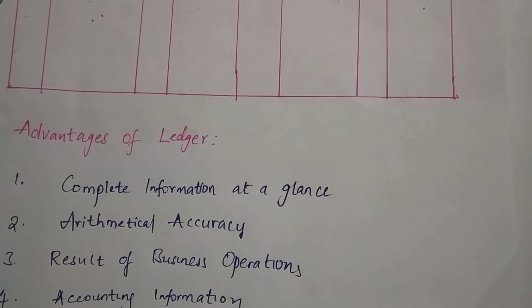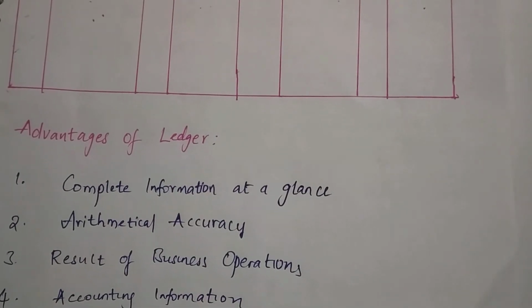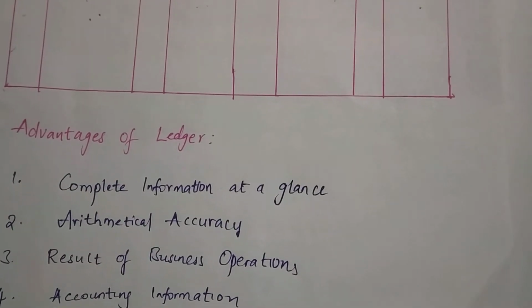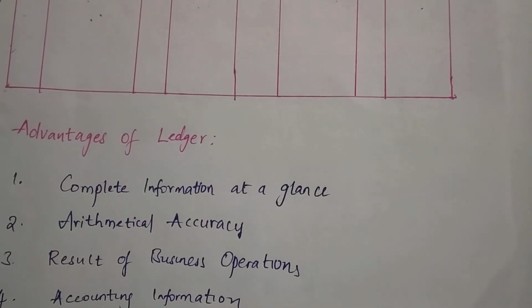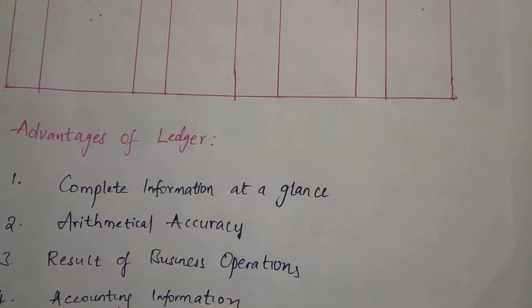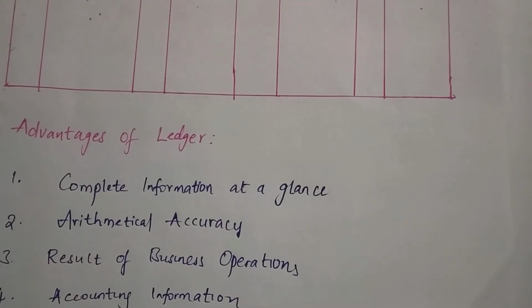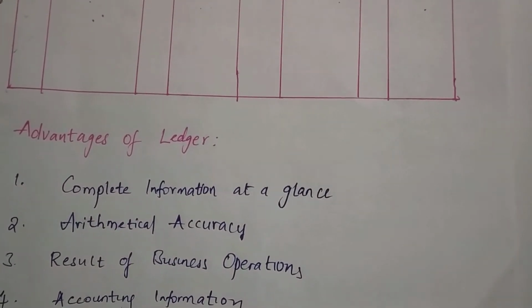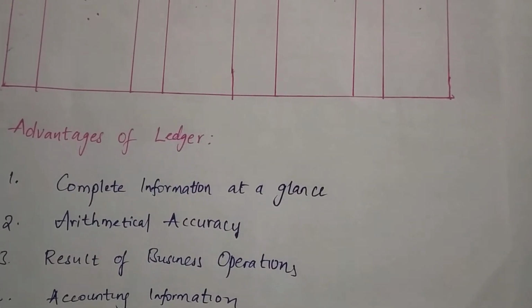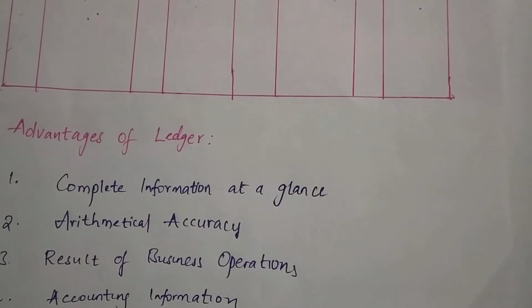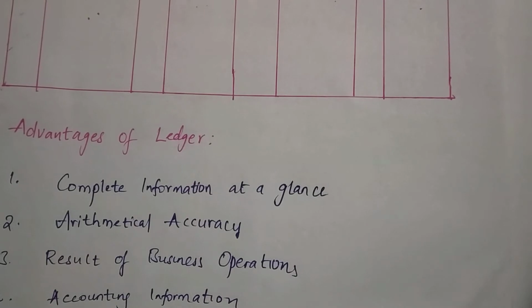By operating this business, what is the amount of profit we are earning? We can evaluate and ascertain this by using the ledgers. Even the financial position of the business concern as of the date can be ascertained by using the ledger balances.